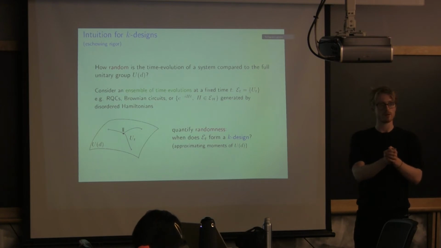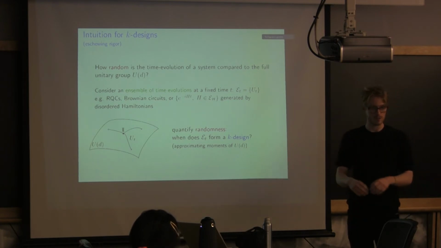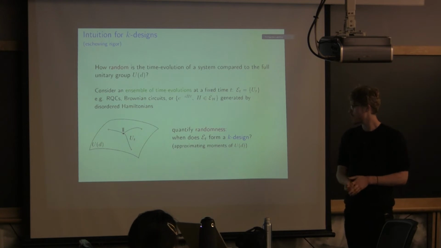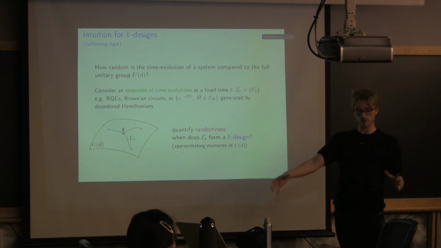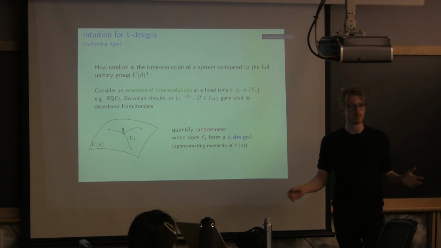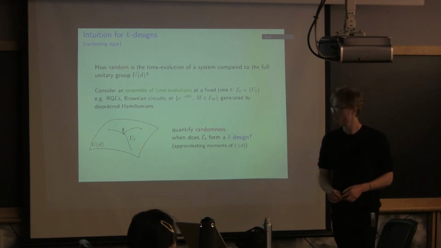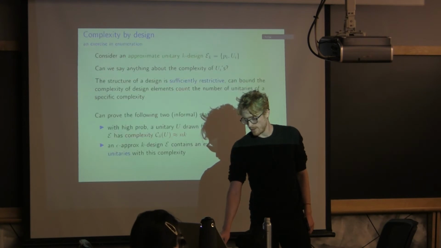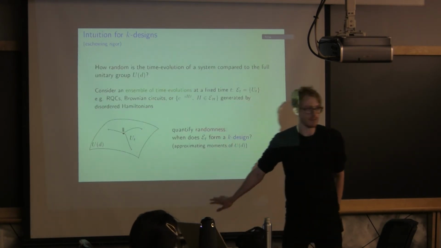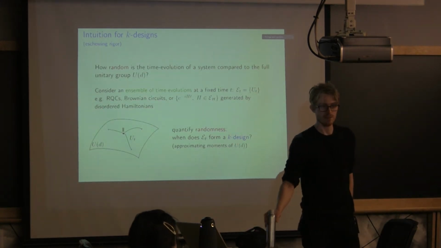But chaotic time evolution is going to move us rapidly and ergodically over the unitary group. So we can quantify how random the time evolution is by asking at what time t those points start moving around, look really well distributed, and start approximating moments of the unitary group. So that's another way to think about a design. I'll pause again for questions. Any questions about what a design is?